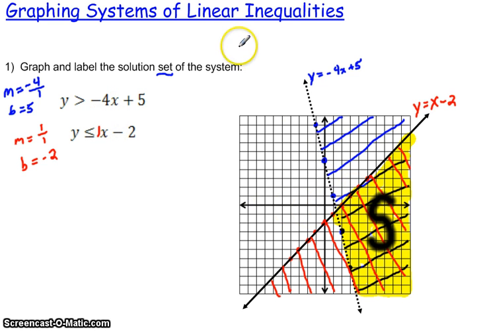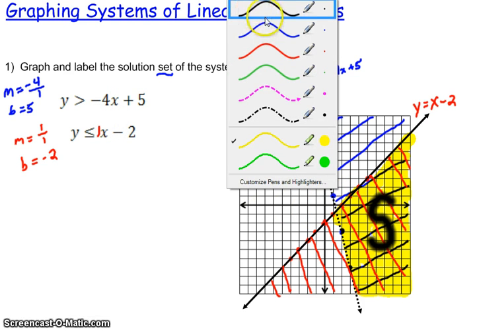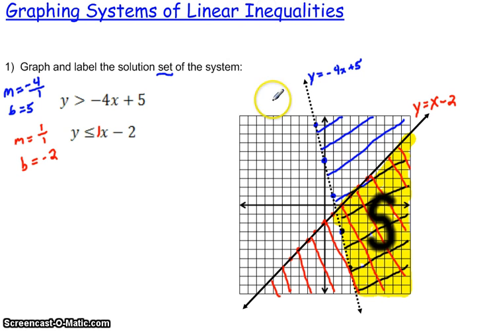So what we always want to do with these is check. I'm going to pick any point in here I want, but I'm going to pick the easiest point. I try to pick stuff with zeros in there. So I'm going to check. If I went 10 this way and kept it at 0, 10, 0 would be a point in the solution area.